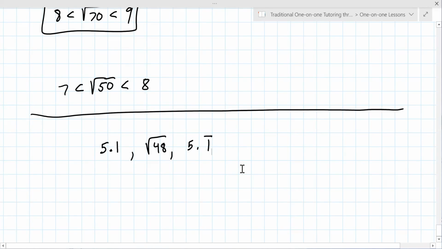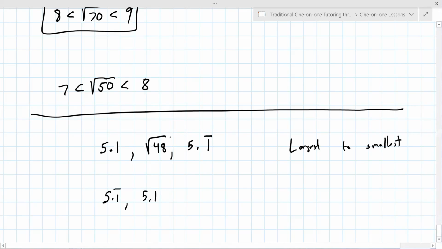So you want me to find the square root of 48? No, I want you to put these from largest to smallest. 5.1 repeating is the largest. Second is 5.1. And the last is the square root of 48.